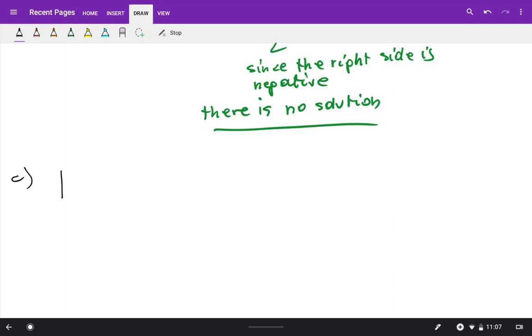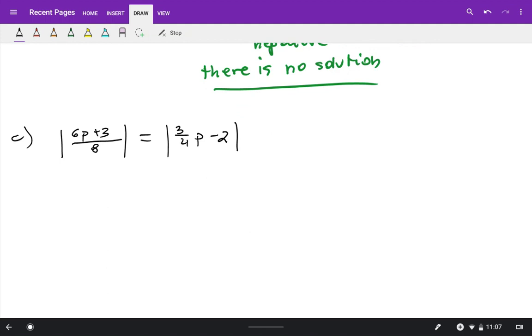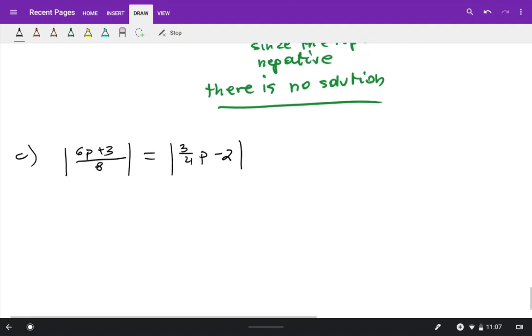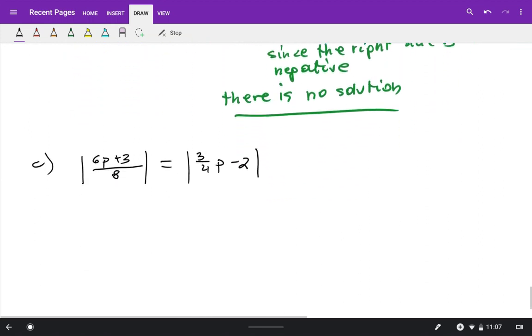Absolute value of 6p plus 3 over 8 equals absolute value of 3 over 4p minus 2. Here I can definitely solve this equation because I have absolute value equal to absolute value and I don't have a negative in front of any of the absolute values.